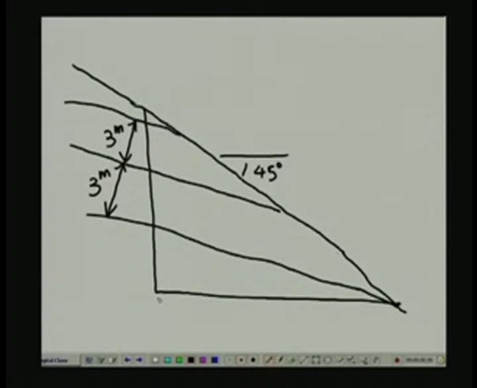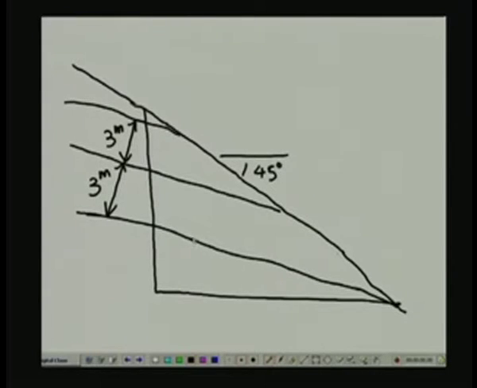Now what you need to look at really is whether the weight of the sandstone in between two joints is going to be carried, whether it is going to remain stable or not.